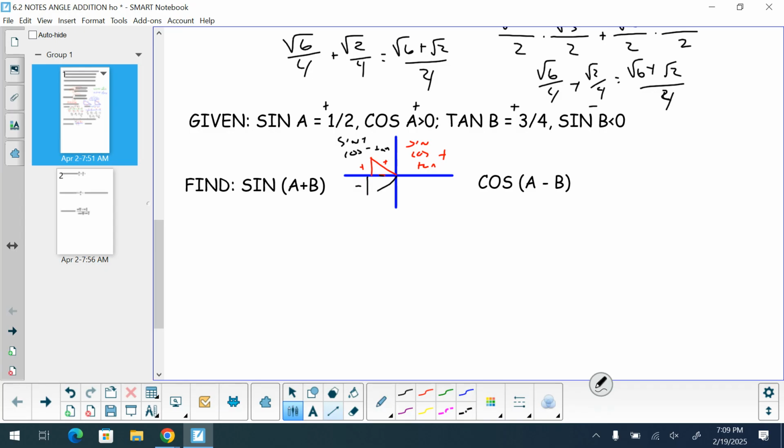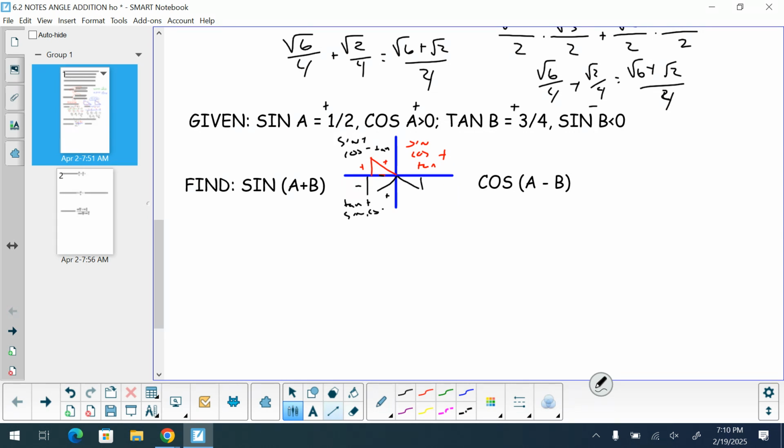Quadrant 3, we have negative, negative, and positive. My sine will be negative, my cosine will be negative, while my tangent will be negative over negative, so the tangent will be positive. So the tangent's positive, sine and cosine are both negative.